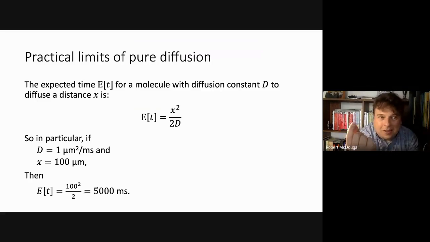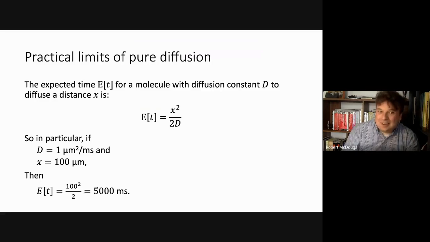And so what that means is if I have a molecule that's moving at this perfectly plausible speed for a distance of 100 microns, and 100 microns is a perfectly reasonable apical dendrite length, let's say. Those of you in my session, we did an experiment yesterday with an axon that was 1 centimeter long, and we commented about how long that was because we wanted to see the propagation.